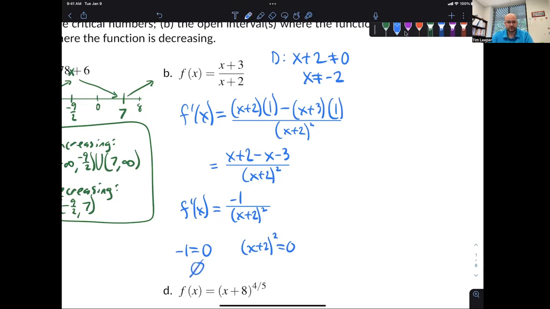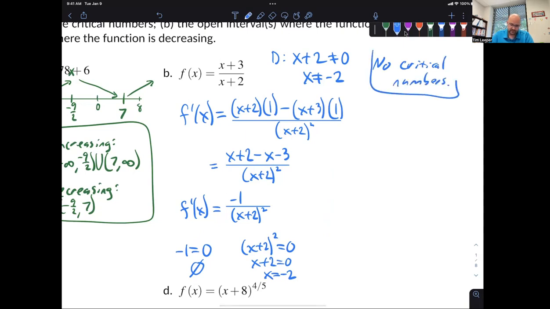Negative 1 is never equal to 0. The denominator also does not produce a critical number, although we do see x plus 2 equaling 0, which means x equals negative 2. But notice that x equals negative 2 is not in the domain of the function. So therefore, there are no critical numbers.